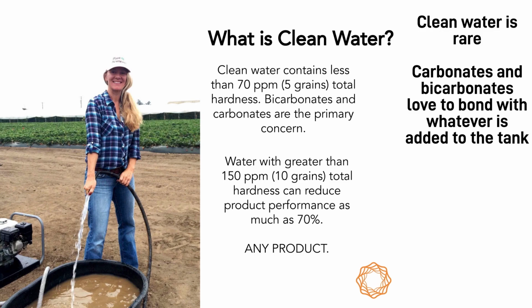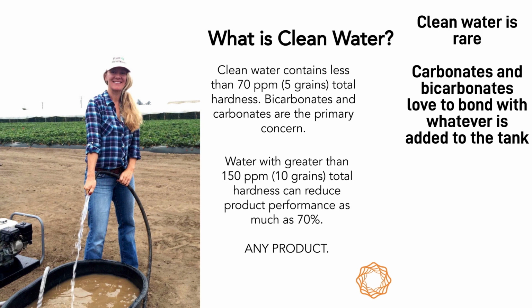And this is very well known by many product manufacturers, particularly insecticide, fungicide, herbicide. Label rates are often variable and generally applied towards the upper end of that variable rate to account for the loss of performance from water quality.